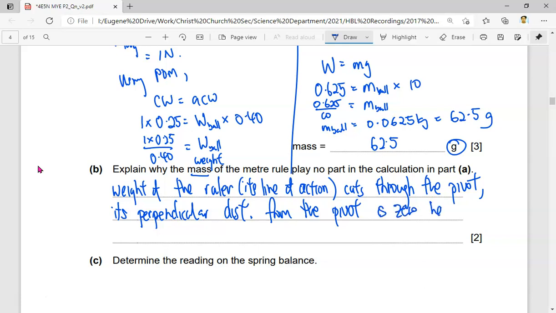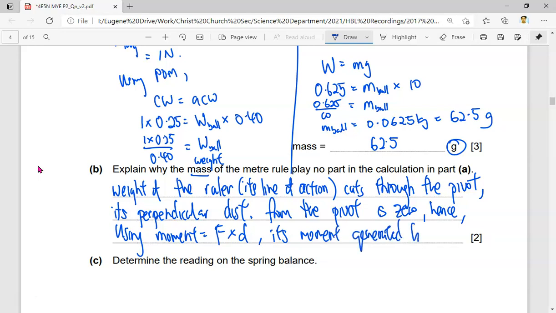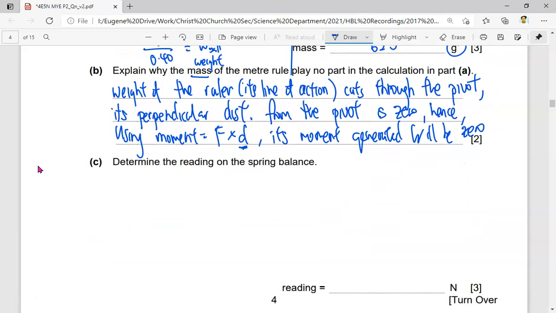Hence, using moment equals F times D, its moment generated will be 0. Because anything multiplied by 0 obviously will become 0. Okay, so that's for part B.